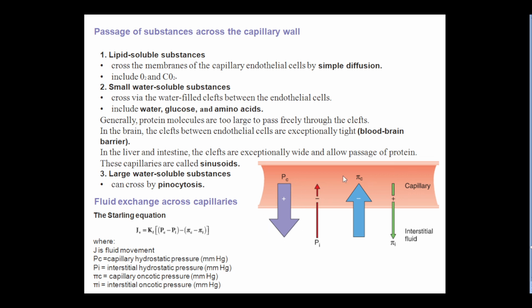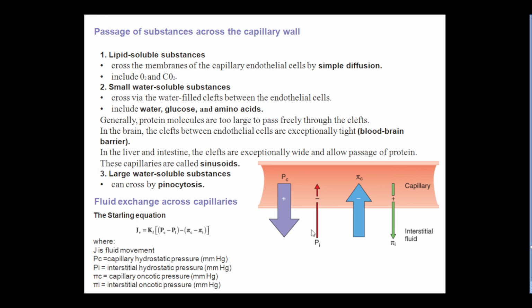And by the size of these arrows, you can see these two are the most influential ones because their values will be the greatest. This is the hydrostatic pressure of the capillary and the oncotic capillary pressure. But since it's the exchange between the capillary and the interstitial fluid, we also have hydrostatic pressure of the interstitial fluid and oncotic pressure of the interstitial fluid.